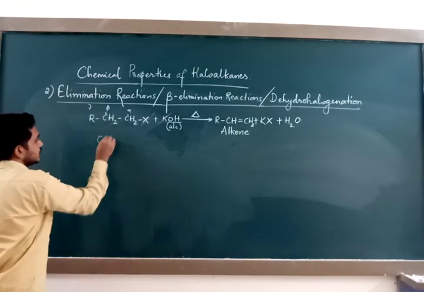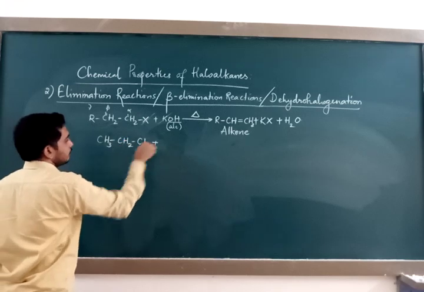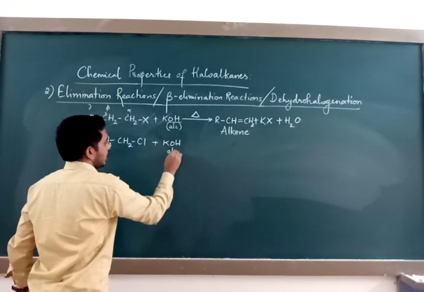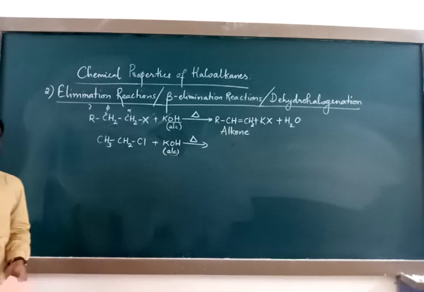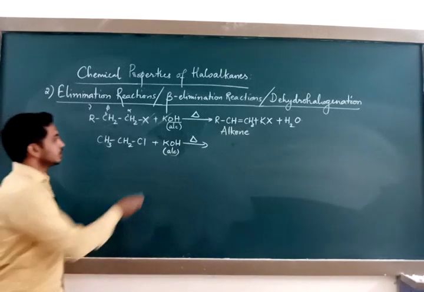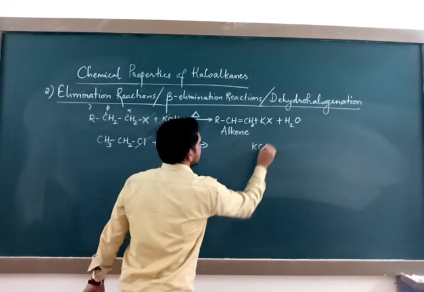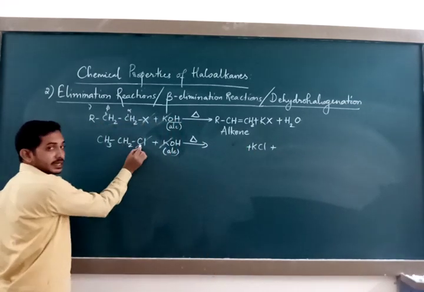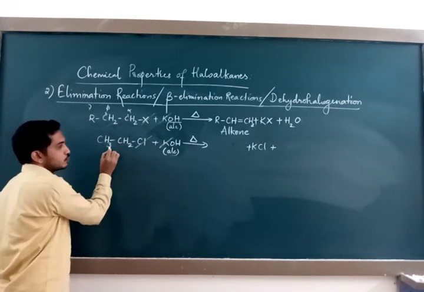If this is CH3CH2Cl, ethyl chloride, and it is subjected to dehydrohalogenation, then you will eliminate K and Cl. KCl is gone. From this carbon you have eliminated chlorine. Leave this carbon, go to the adjacent carbon, and remove one hydrogen from here.